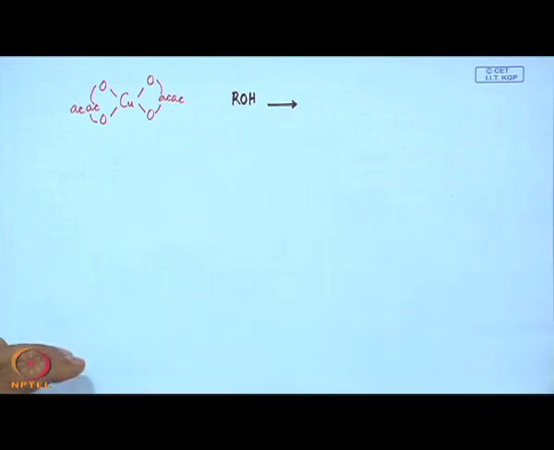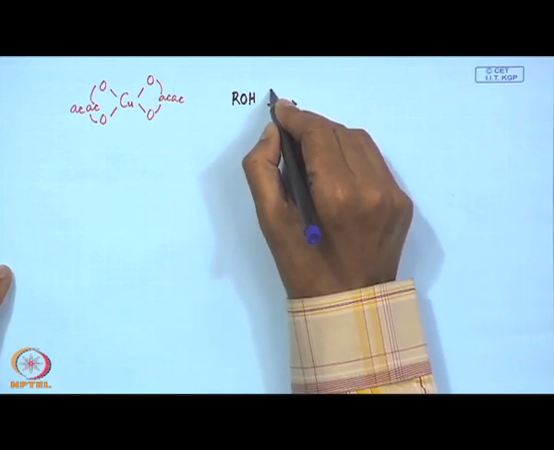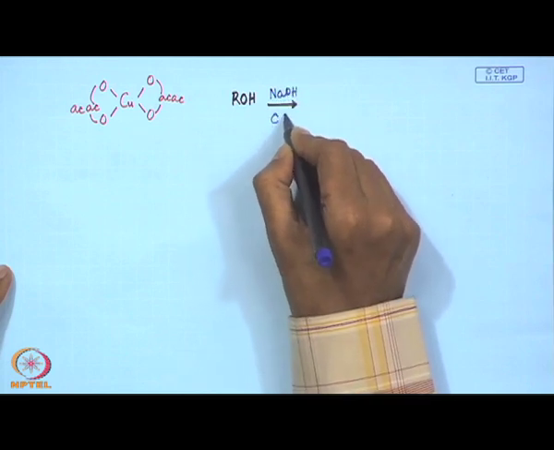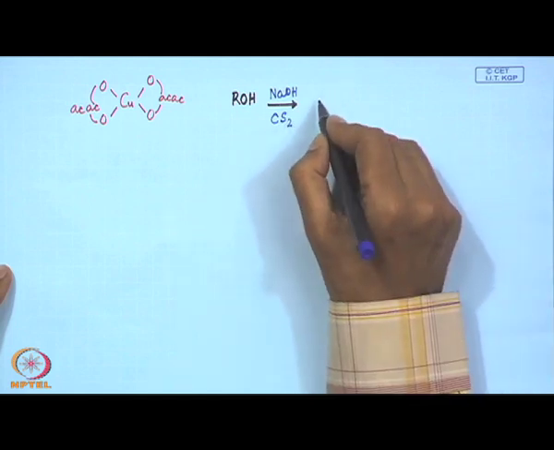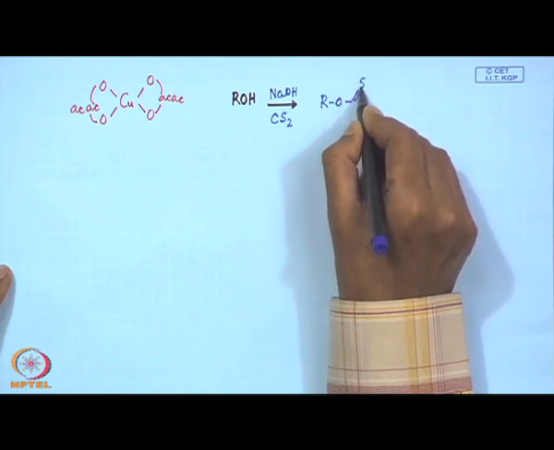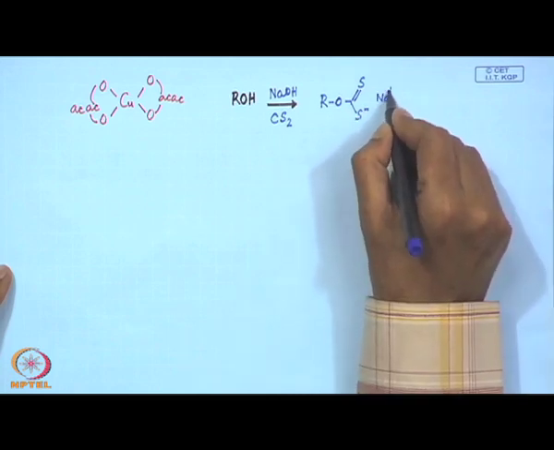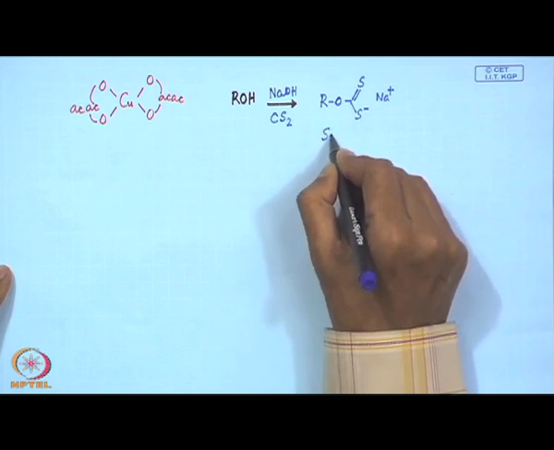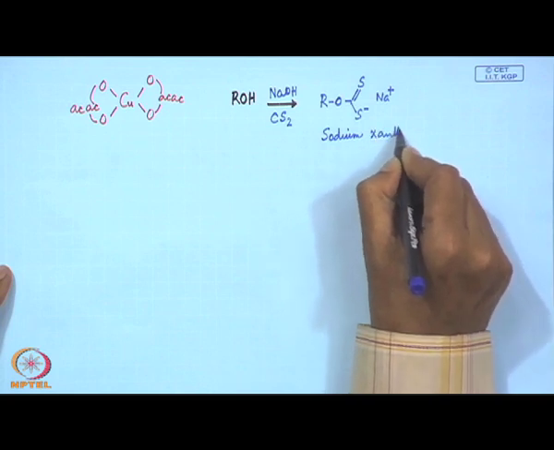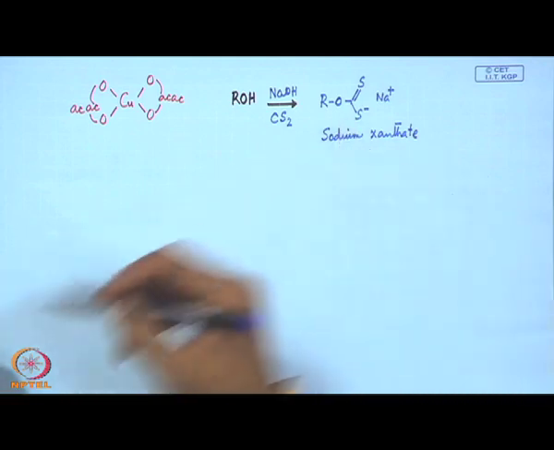Any alcohol, say ethanol, methanol, propanol, butanol, if we react it with sodium hydroxide and carbon disulfide, we end up with an interesting ligand of bidentate nature, which is sodium xanthate. So, sodium xanthate is formed and we have the sulfur donor groups.